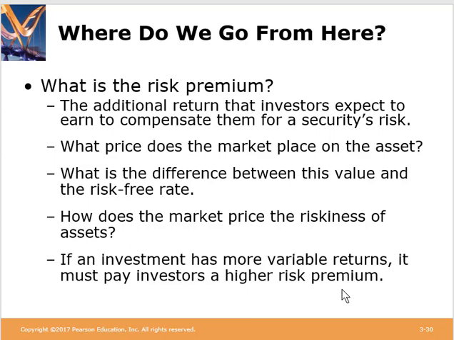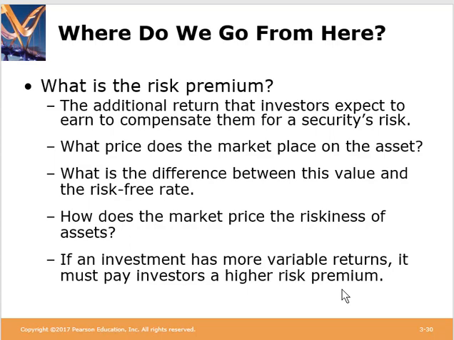How does the market determine the price of an asset? What's the difference between the value that the market places and what the risk-free rate of return is? How does the market price the riskiness of individual assets?